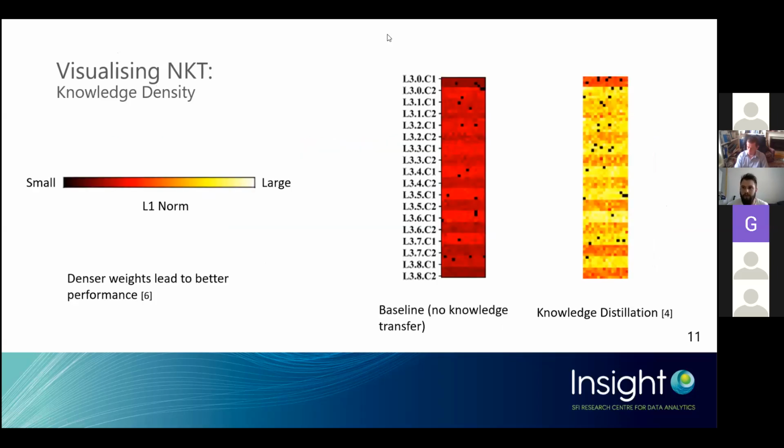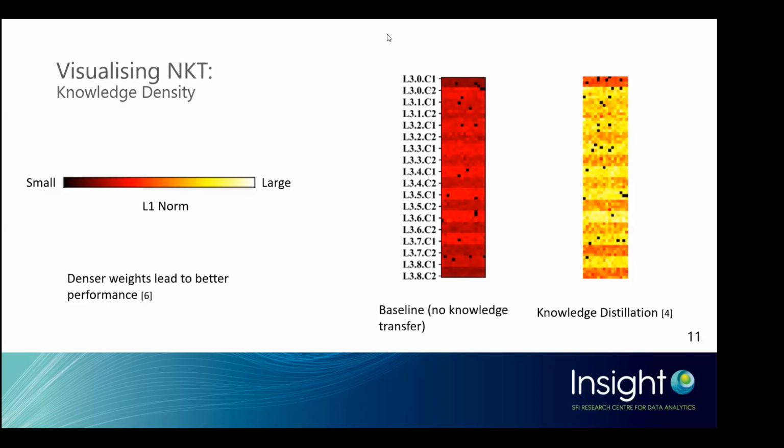Another way of visualizing the knowledge flow is this idea of knowledge density. Previous research has shown that denser weights lead to better performance overall, and density is measured by the L1 norm of the weights at a particular layer. So it's like an absolute sum of the magnitudes of the weights in a given layer.